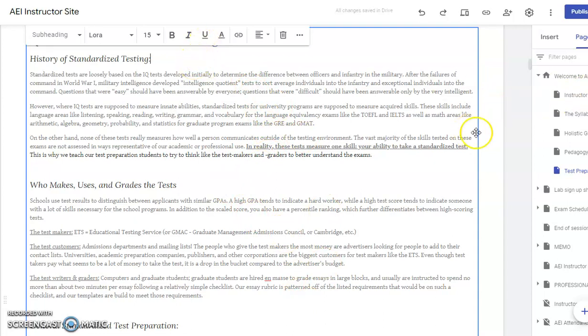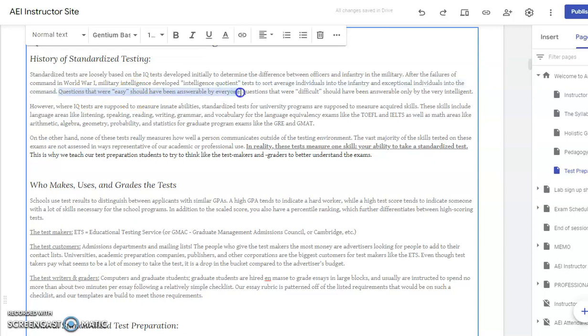So the history is that standardized tests are very loosely based on the IQ tests originally developed to tell the difference between officers and infantry in the military. After failures of command during the World Wars, military intelligence developed the IQ, or intelligence quotient test, to try to sort the average individual into the infantry and the exceptional individual into command.